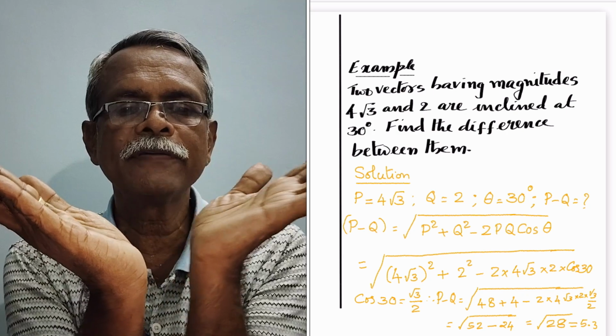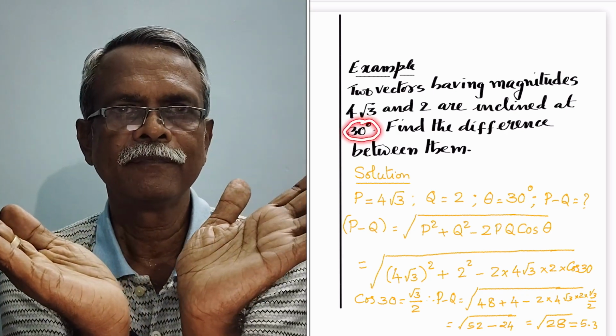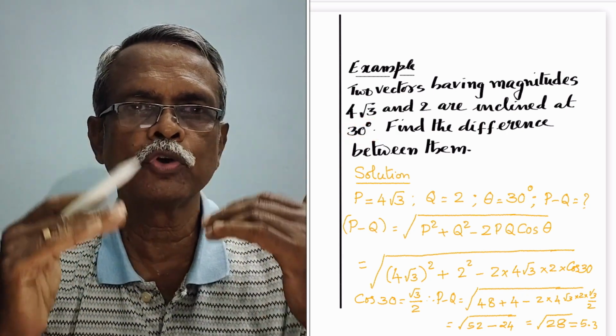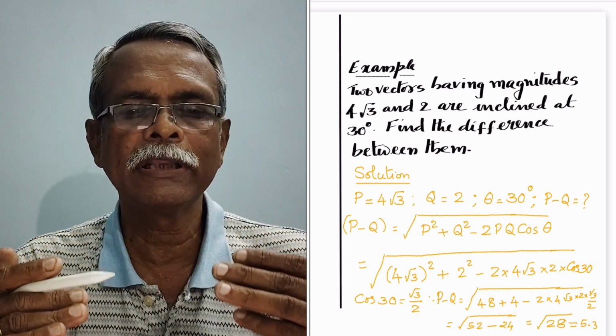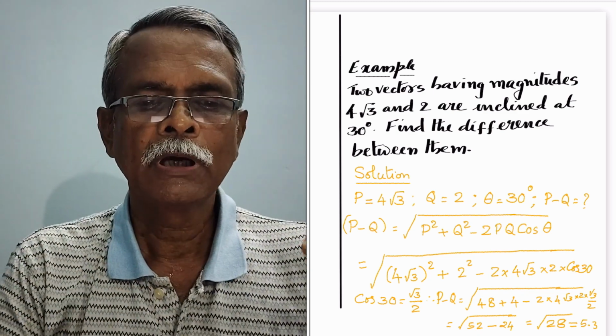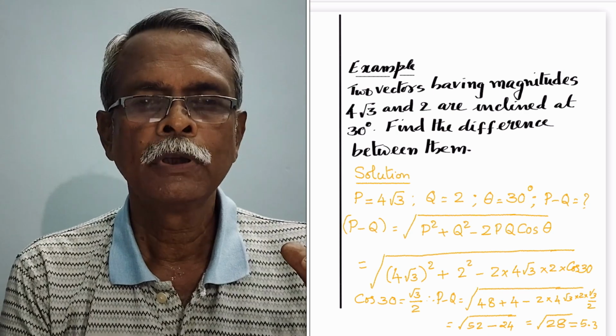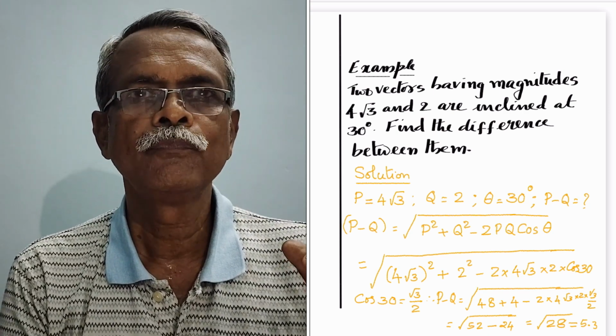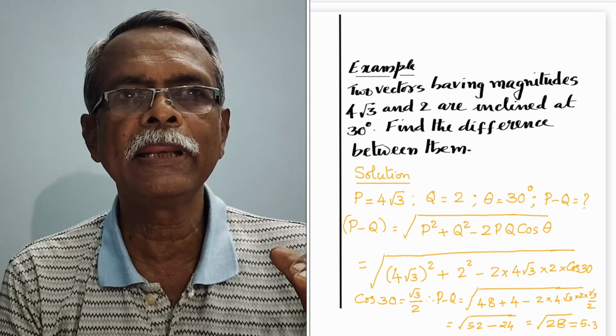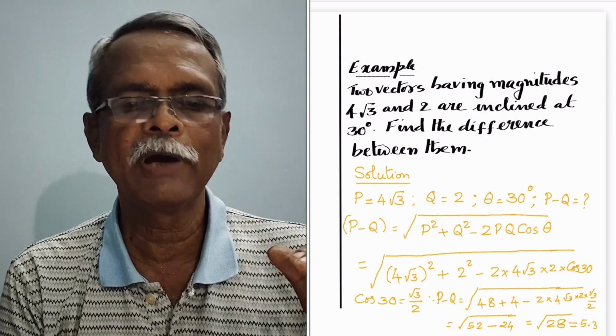If you reverse one of the vectors, that is, we reverse the vector 2, we calculate the difference between the two. It is given that P is equal to 4 root 3, Q is equal to 2, theta is equal to 30 degrees, and we have to calculate P minus Q.